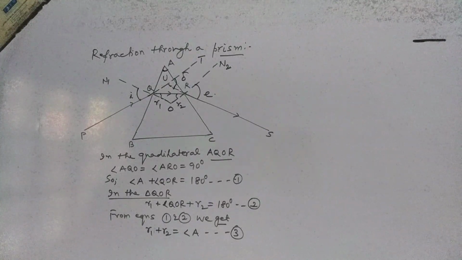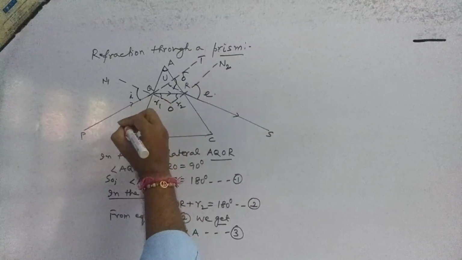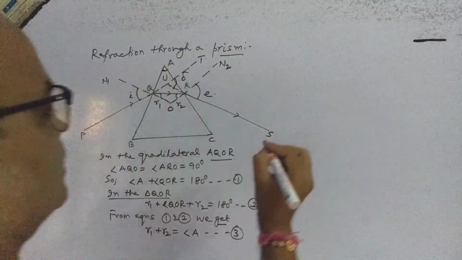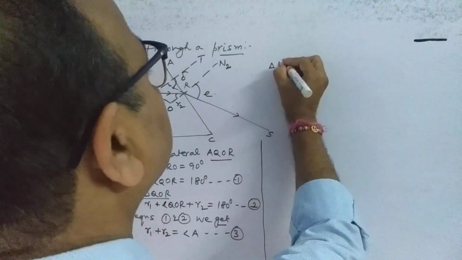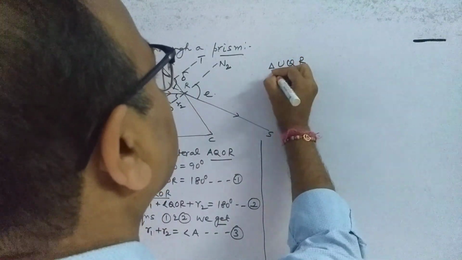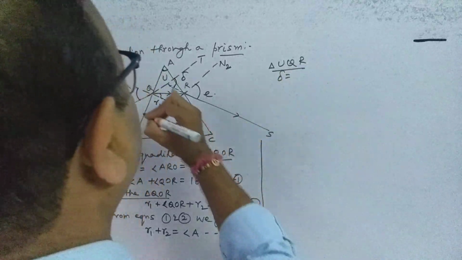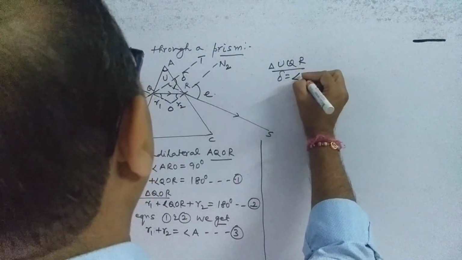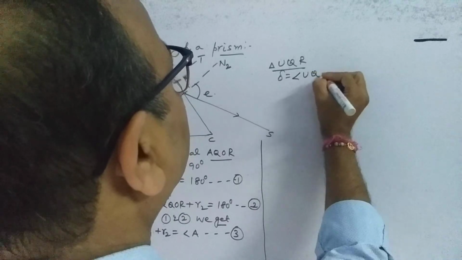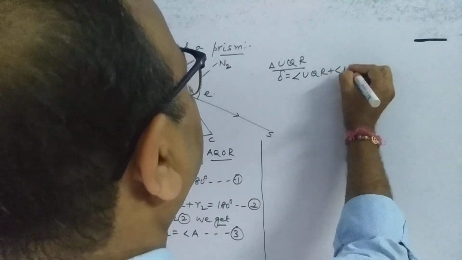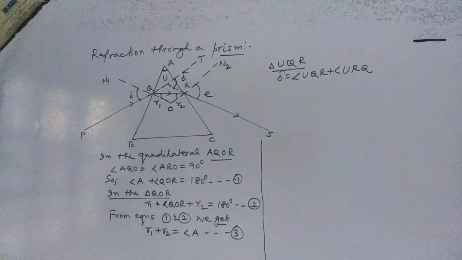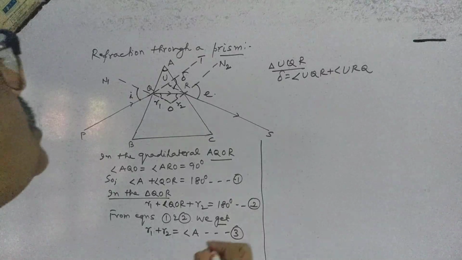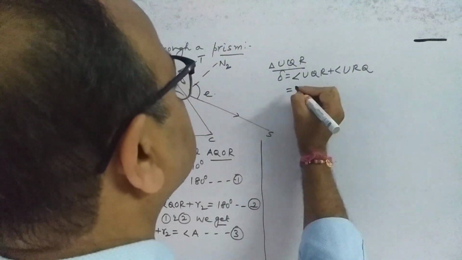Now, let us come to this triangle here, UQR. Take the triangle UQR. Delta is the exterior angle, so delta is equal to angle UQR plus angle URQ. So how much shall we get?